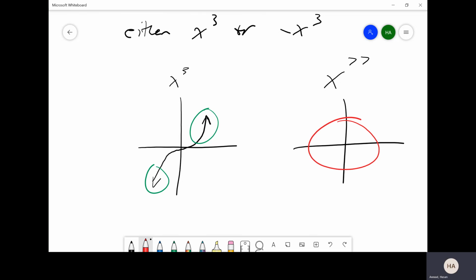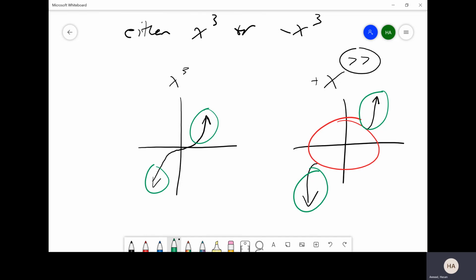But what I can tell you, just off of the fact that I know that this is odd and it is a positive x to the 77th, I can tell you for a fact that the end behavior is you're going to have the piece on the right going to positive infinity, and the piece on the left tending to negative infinity. Okay? So again, I can't tell you what's going on in that red circle area. That part of the function is a mystery to me because obviously I don't know the rest of the function. And even if I did, who knows what x to the 77th is really going to be, right? Without a graphing calculator, it's going to be a substantial amount of work.